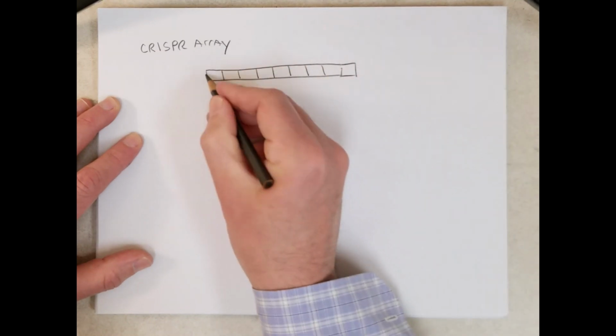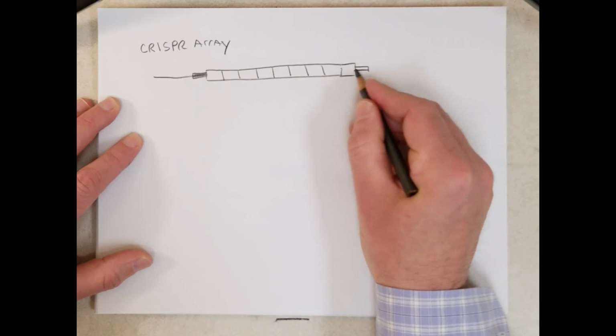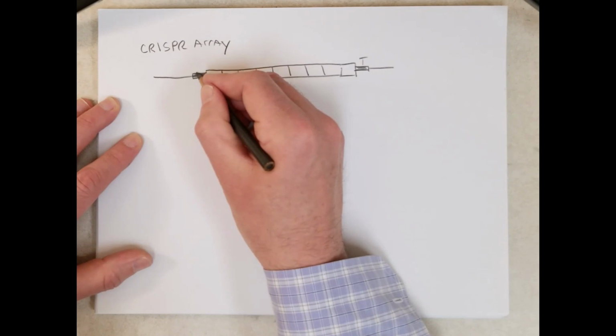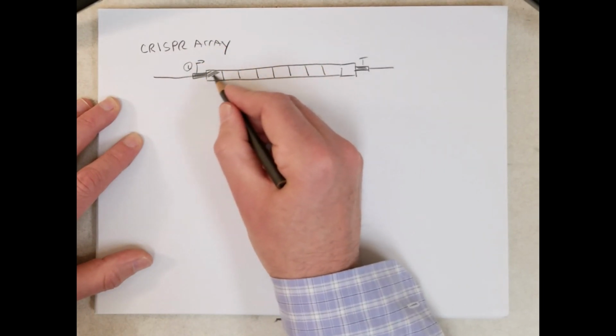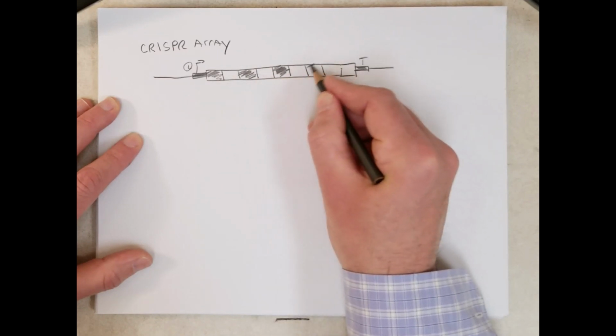We're going to have the leader sequence here, terminator here. Now let's start with the repeat. Okay, so here's our CRISPR array.